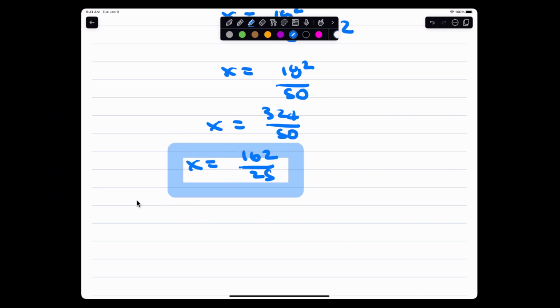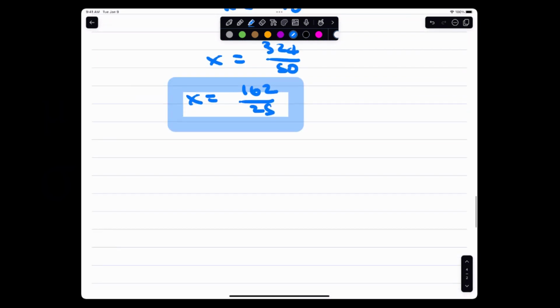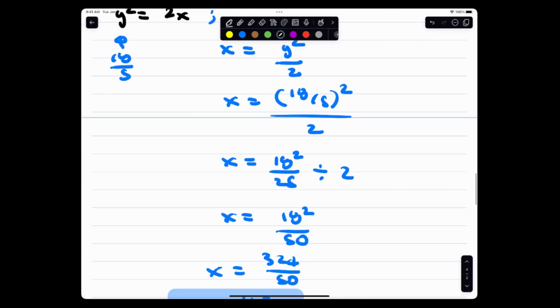An x coordinate and a y coordinate. So here's the location. The x coordinate, 162 over 25. And then what's the y coordinate? 18 fifths.